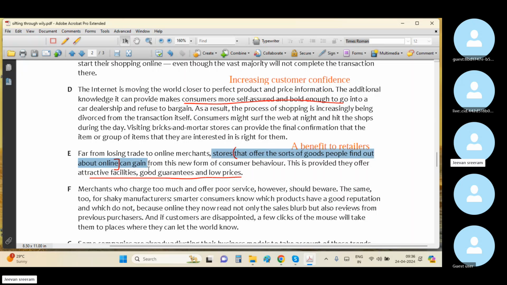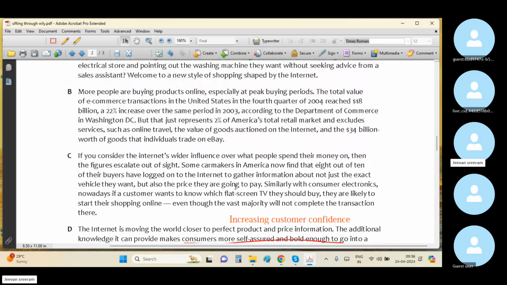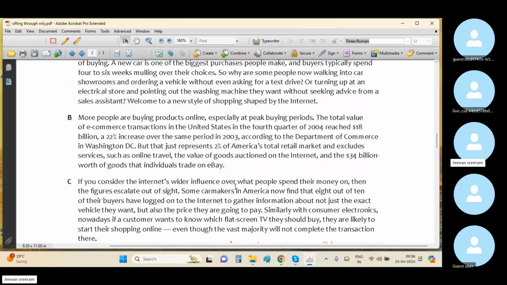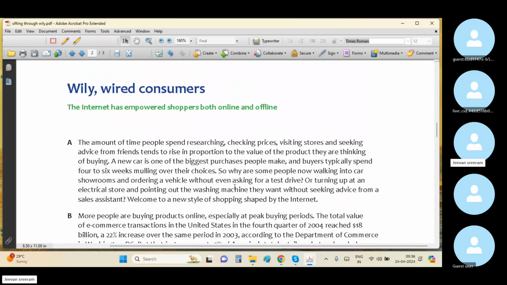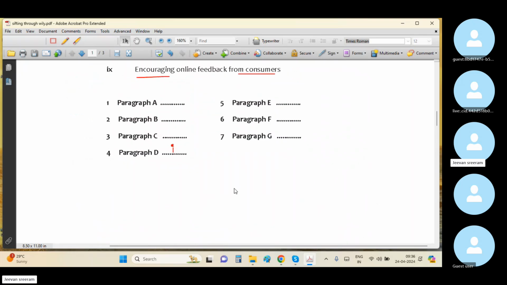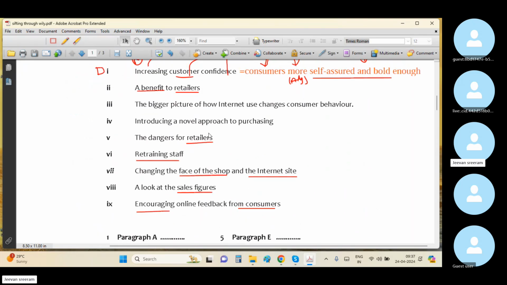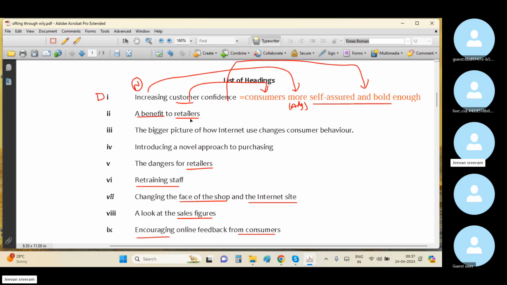Can gain. Next one, a benefit to retailers. The stores that offer, this is additional information we don't need, can gain.